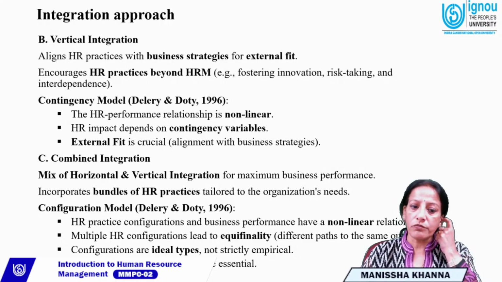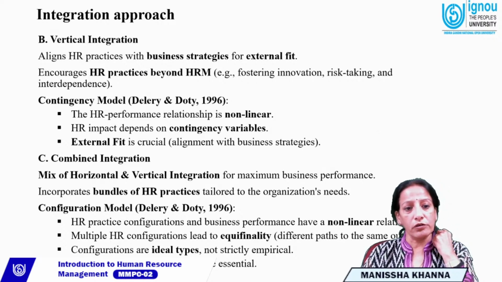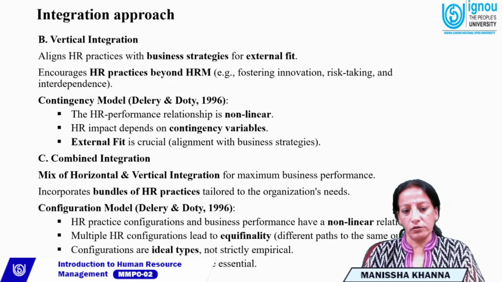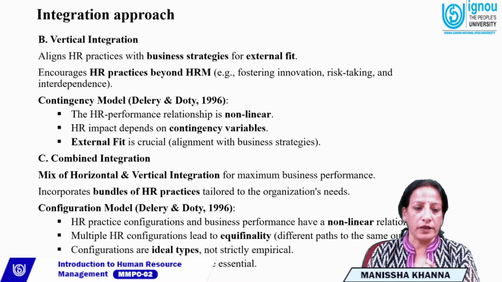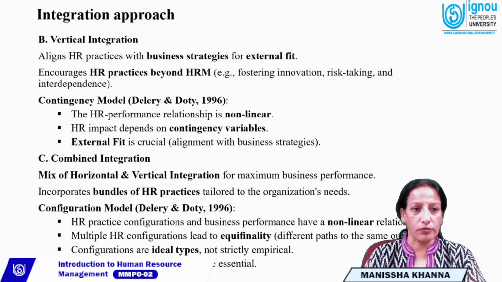This configuration model has a non-linear relationship, whereas even the contingency model given in the vertical is also non-linear. In the configuration model, the different paths lead to the same outcome. Whatever path they follow, they end up with the common outcome of the organization.